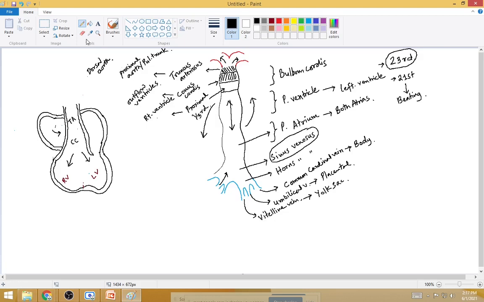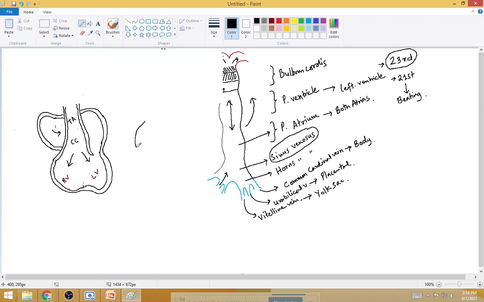Now when you look at this picture, the ventricles are lying anteriorly. Suppose you are seeing it from the sagittal view. This is the truncus arteriosus, conus cordis. Posteriorly are the atria. It appears somewhat like that.